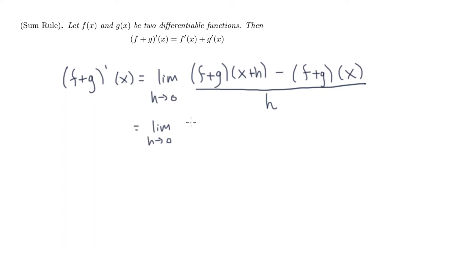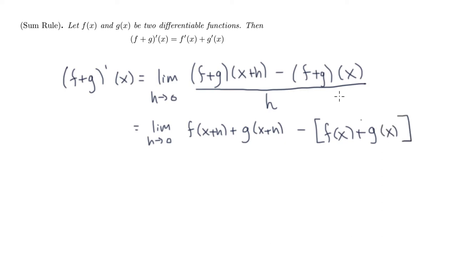So this is really f of x plus h plus g of x plus h, and then minus, let's put this in brackets because we're subtracting everything, f of x plus g of x, because that's what happens when I evaluate f plus g at x.